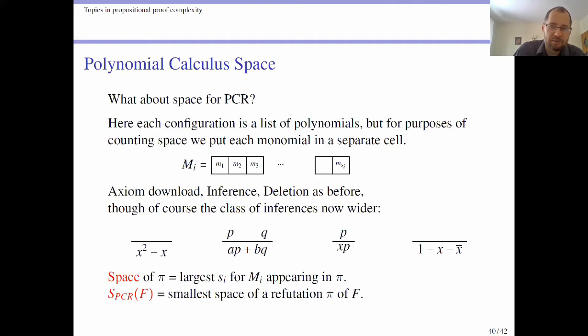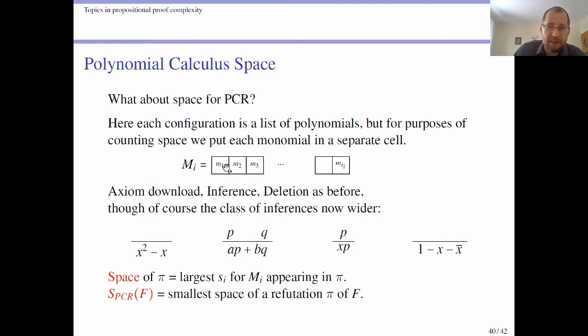But there is one other thing, namely a configuration in polynomial calculus is a list of particular proof lines, and a proof line is a polynomial. So a configuration is essentially a list of polynomials.